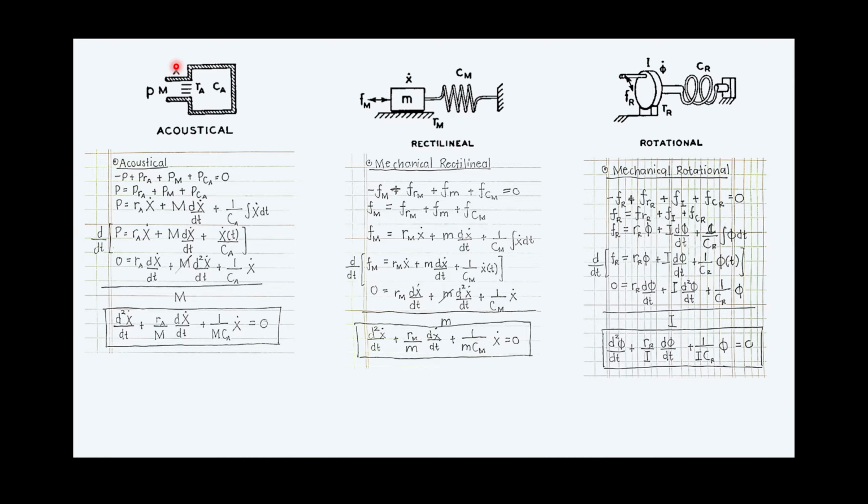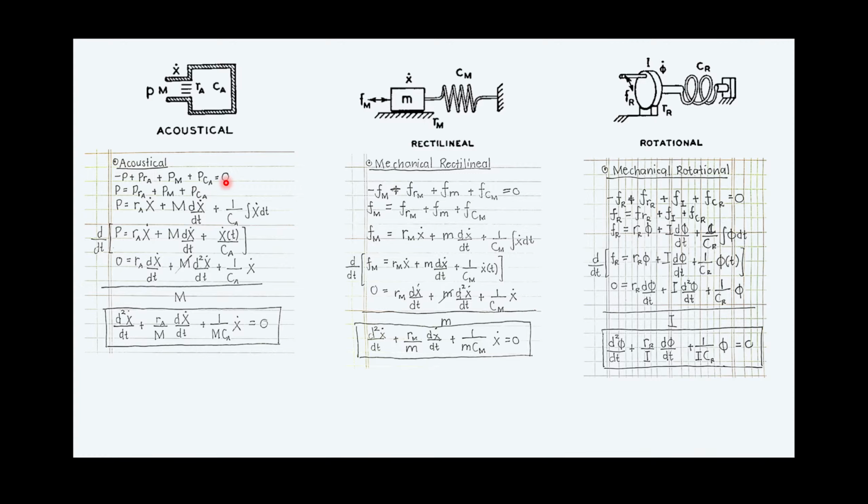Although we're not familiar with acoustics, you can see that the source is the P, and for the rest you have the pressure of the RA, or the acoustic resistance, and you have the CA, and you also have M. All of them have physical meaning, and this equation comes from some principle.